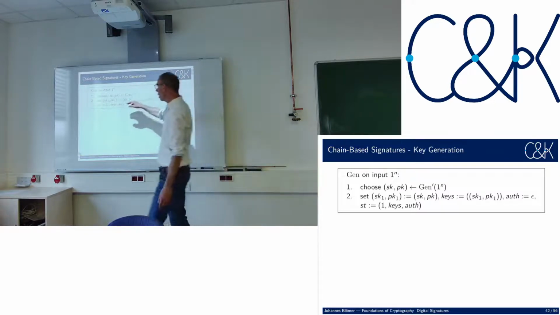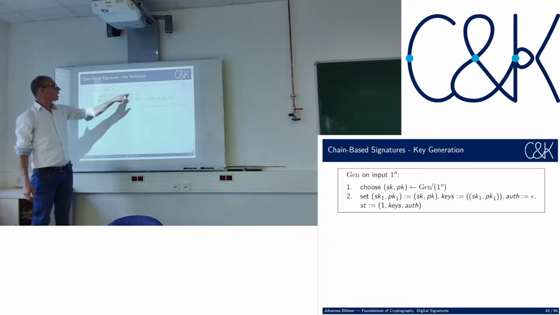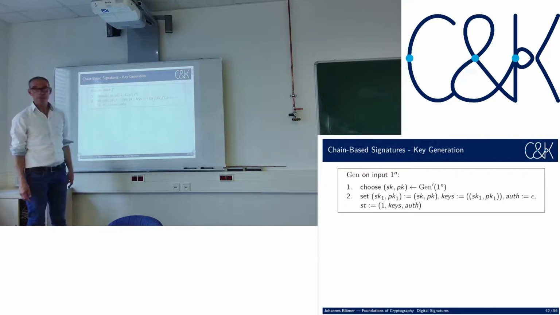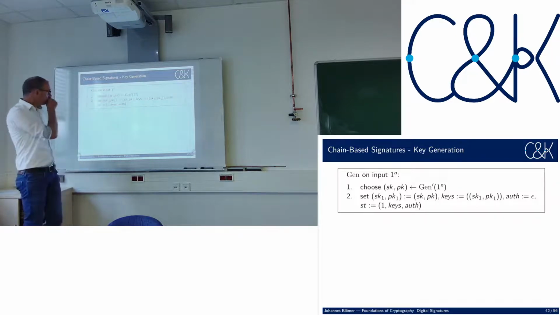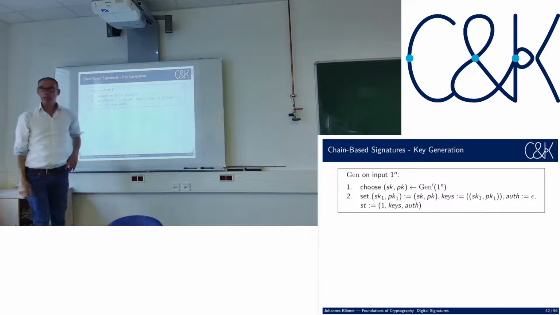Our key generation algorithm simply generates a key using the key generation algorithm of the original signature scheme. So that's SK, PK. This is really our secret key, public key pair.